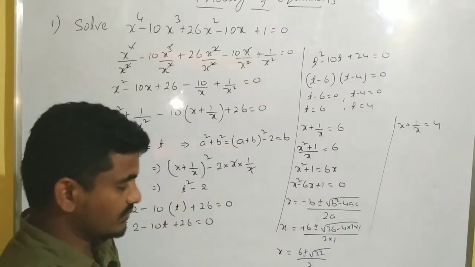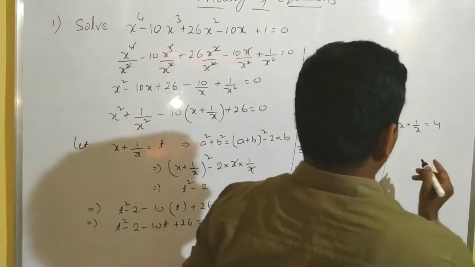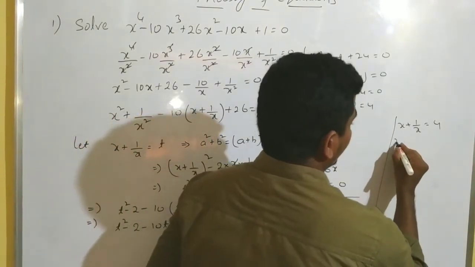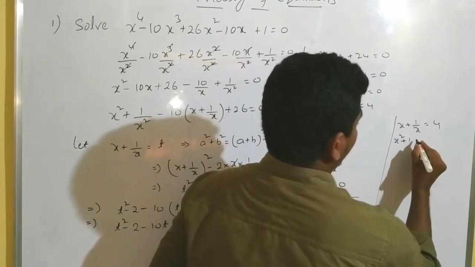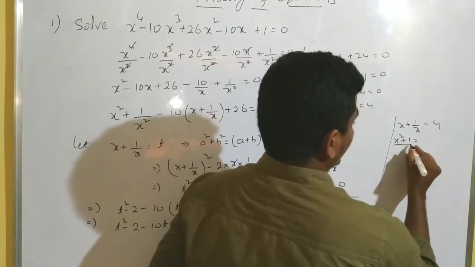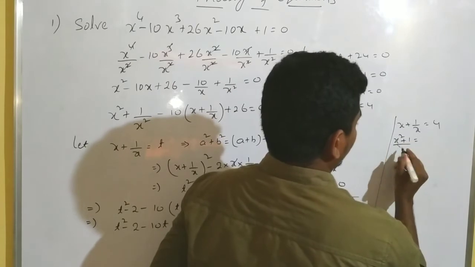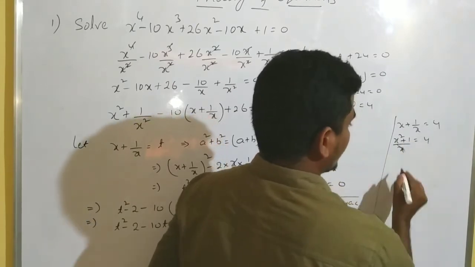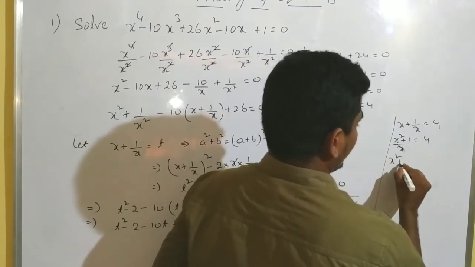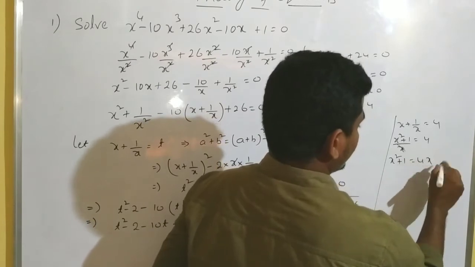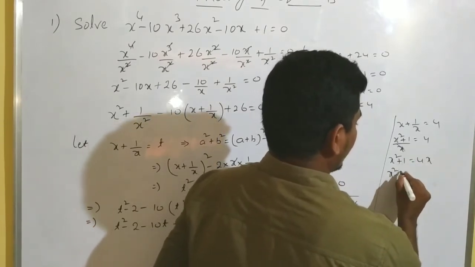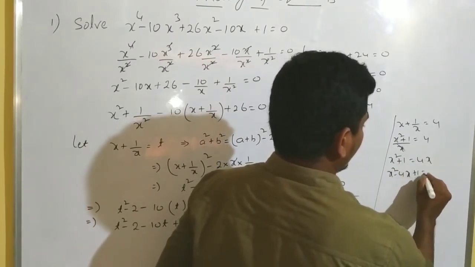Same way we have to substitute there. When you multiply them here, x square plus 1 equals to 4x. x square minus 4x plus 1 equals to 0.